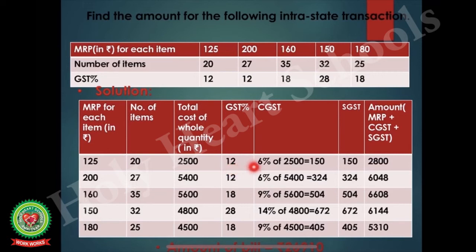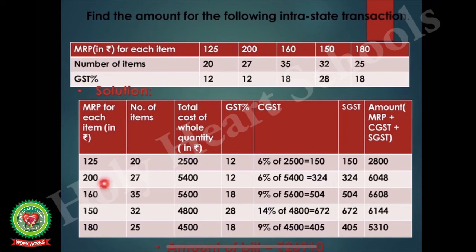So CGST will be equal to 6% of rupees 2500, which will come out to be rupees 150, and SGST will also be equal to 150. So adding 2500, 150 and 150, we get rupees 2800.